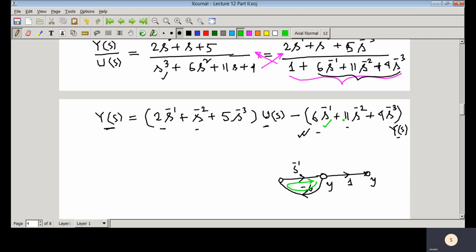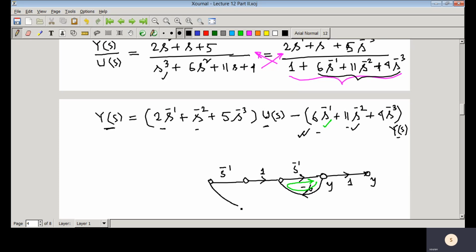Now if we take a node here, just multiply with 1 and put another integrator here, s to the power minus 1. Then you can see the second term, that is minus 11 s to the power minus 2.